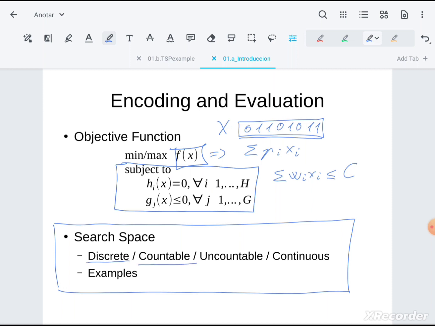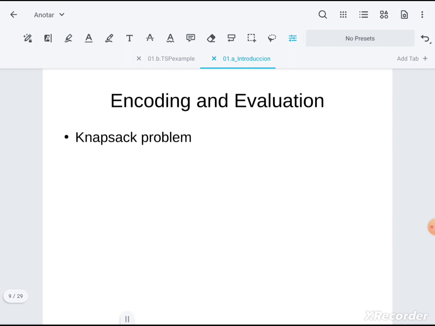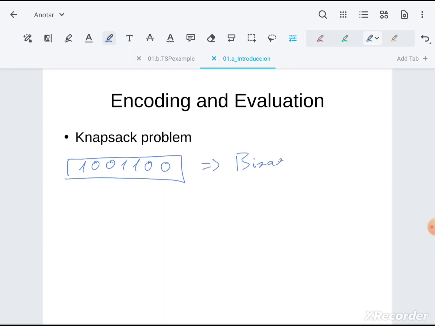The TSP is also discrete, etc. So in the knapsack problem, your solutions take the form of binary arrays. So we call this binary encoding, which produces as many as 2 to n potential solutions.